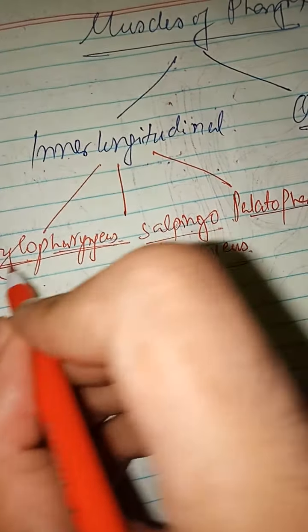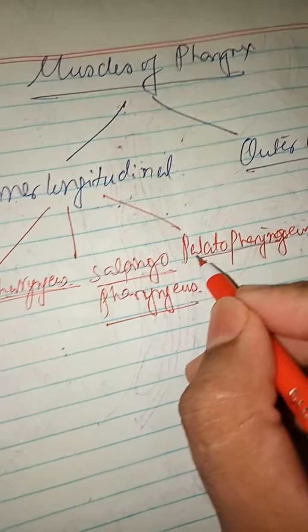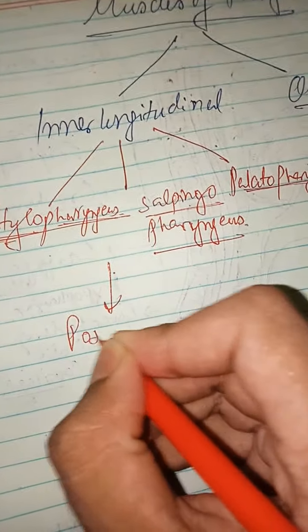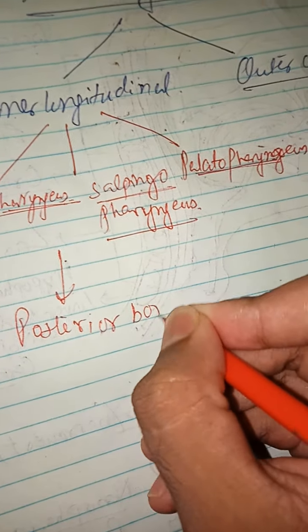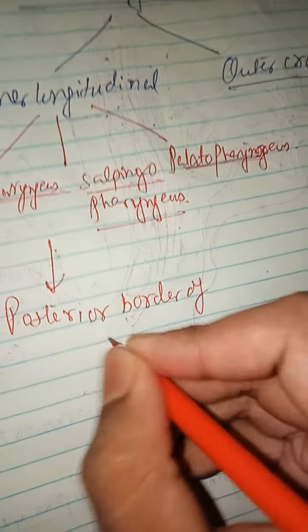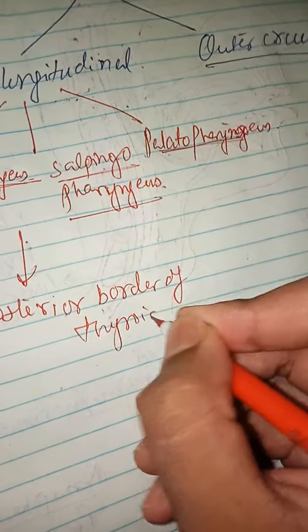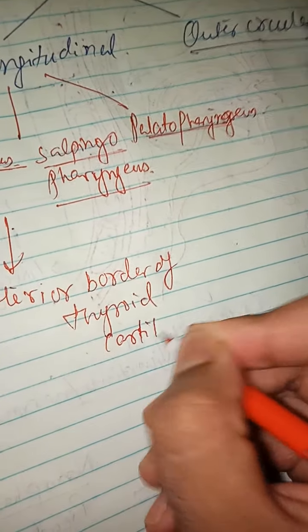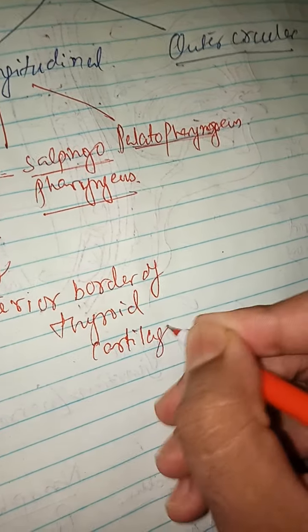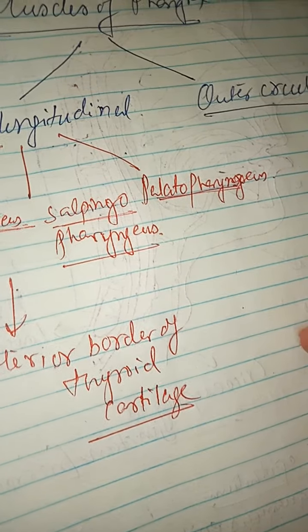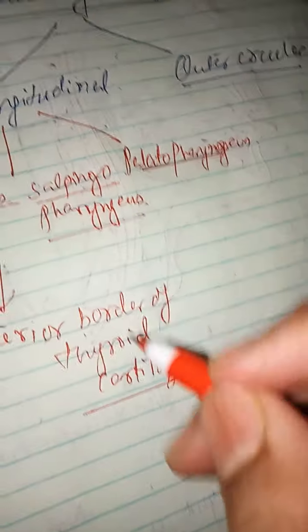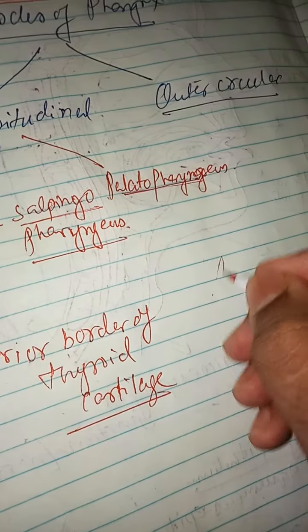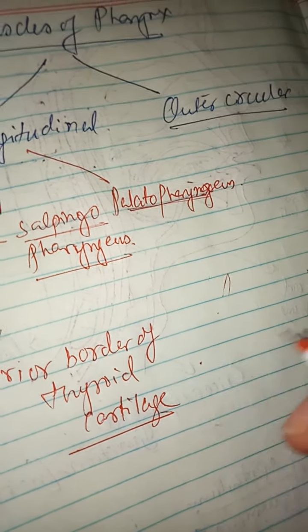So these muscles are attached from the styloid process, from the eustachian tube and from the palate, not to the pharynx but to the posterior border of the thyroid cartilage. There is an oblique line on the ala of the thyroid cartilage, which extends from the superior cornu to the inferior cornu.